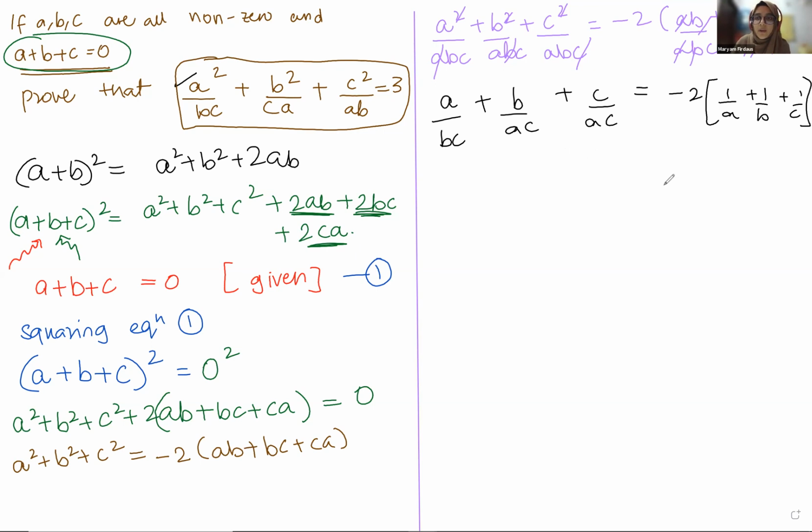Now let's try to take the LCM on the RHS, okay? So I'm taking the LCM over here. I take ABC. This becomes BC plus, well, it's the same thing. We're not gonna get anywhere with that.